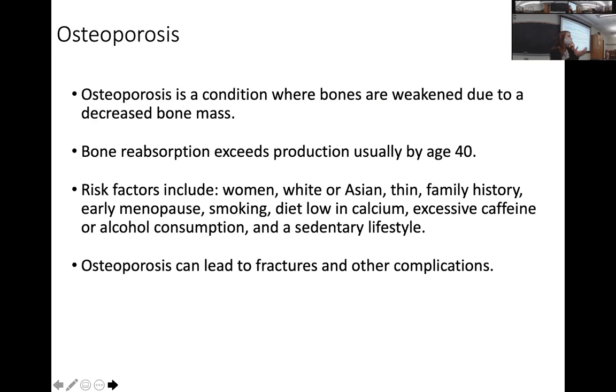So we have things that are absorbing damaged or unuseful parts of our bone, but we're not reproducing as much, so our bones are not as strong or durable. Here it says there are risk factors. If you fall into any of these categories, you're more susceptible to osteoporosis, and osteoporosis can lead to fractures and other complications.